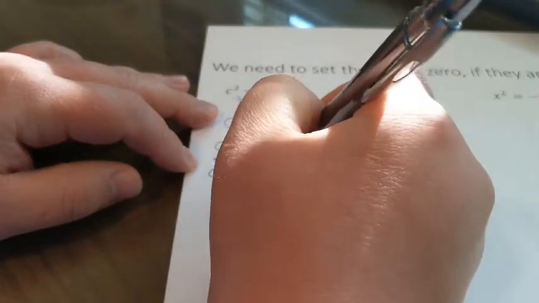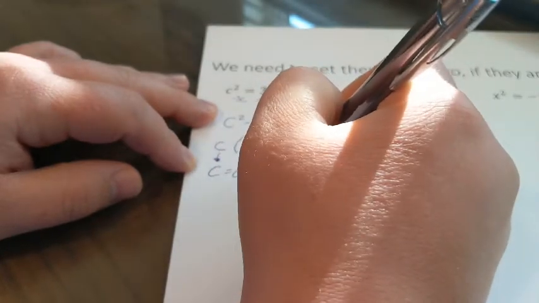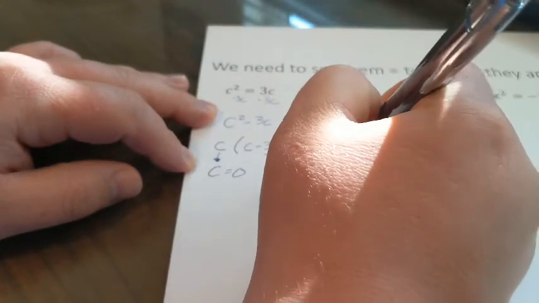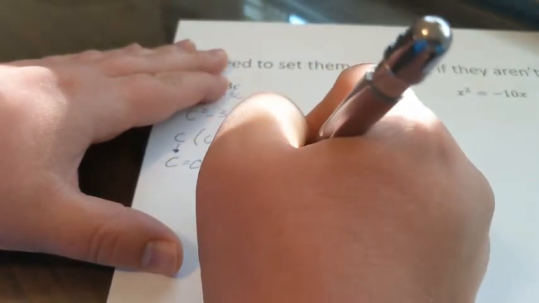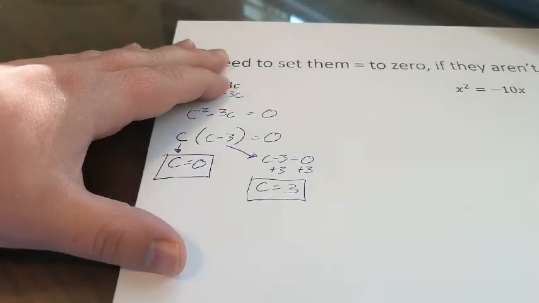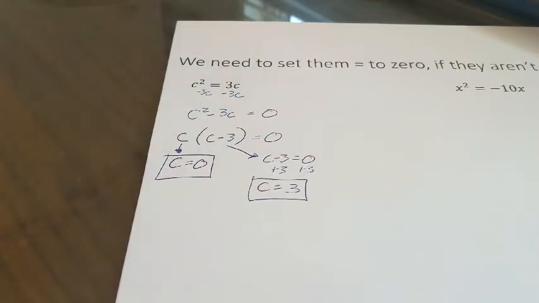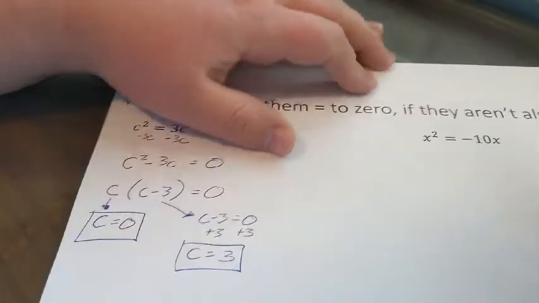And then c minus 3 equals 0, so you add 3, so c equals 3. So there's our two answers. Hopefully that makes sense.